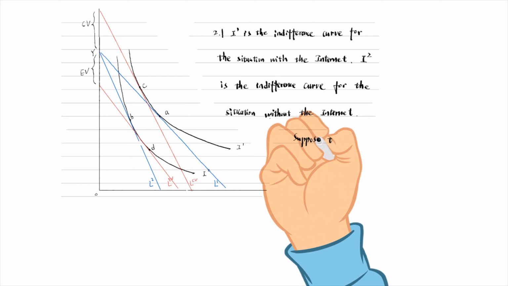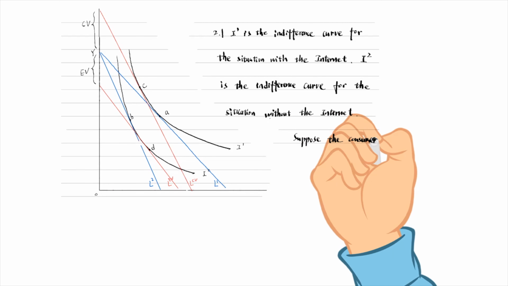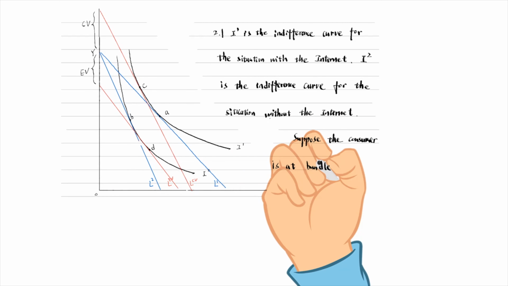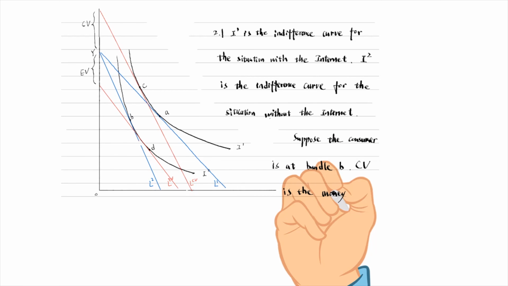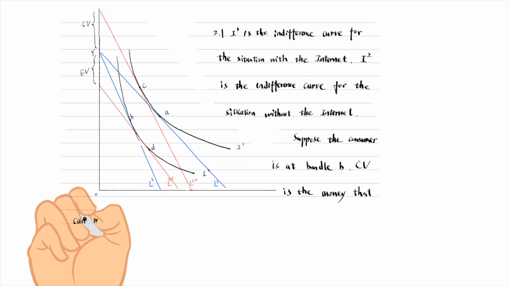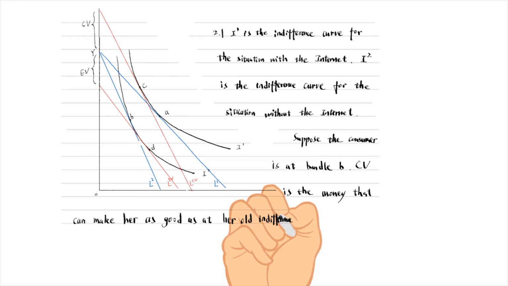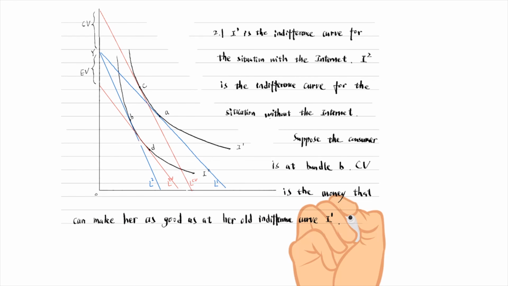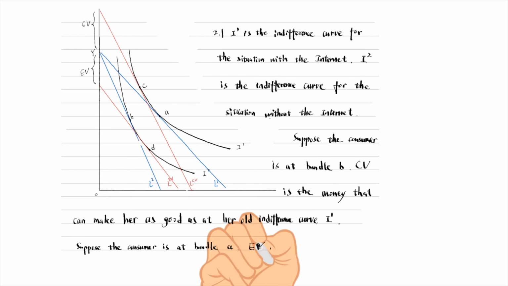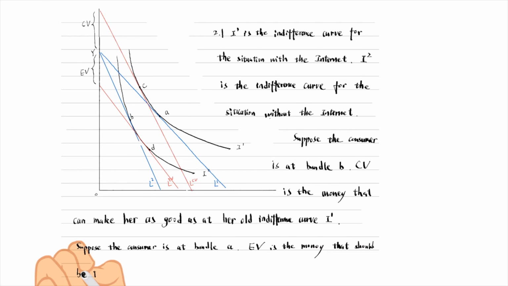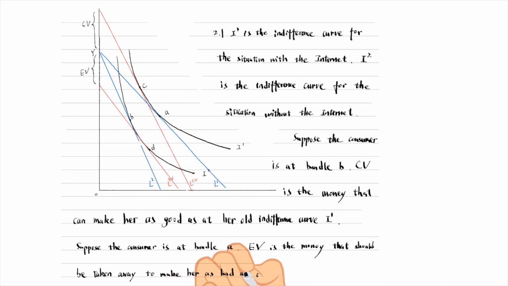Suppose the consumer is at bundle B. Compensating variation is the amount of money that should be given to her to make her as good as at her old indifference curve, I1. Suppose the consumer is at bundle A. Equivalent variation is the amount of money that should be taken away from her to make her as bad as at the indifference curve, I2.